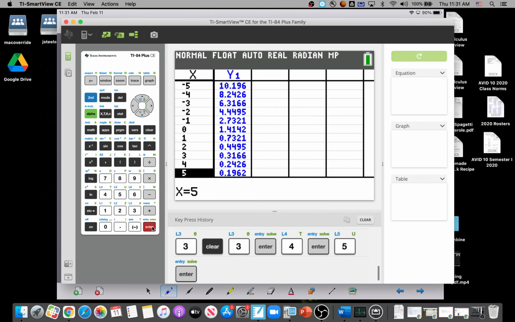Okay, so these are the values that I am going to write on my paper in my table.